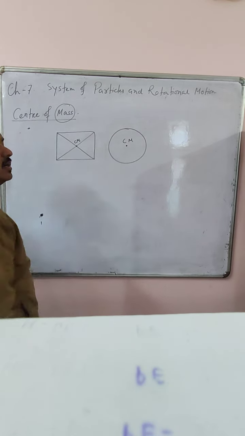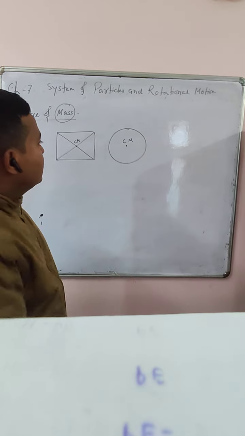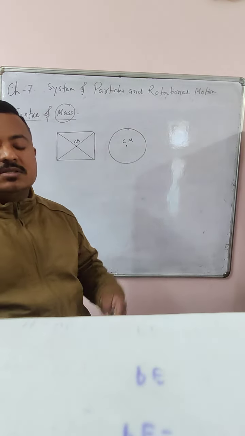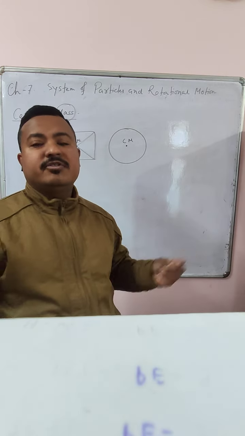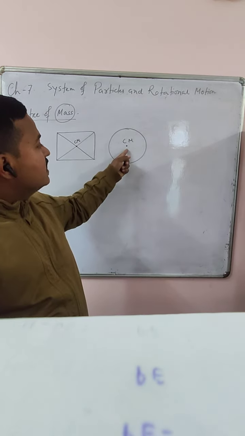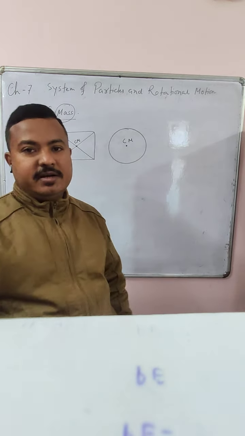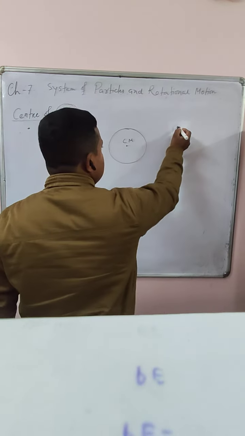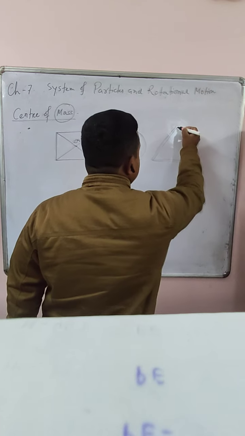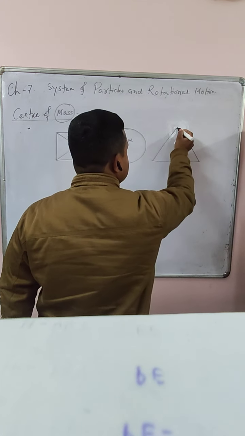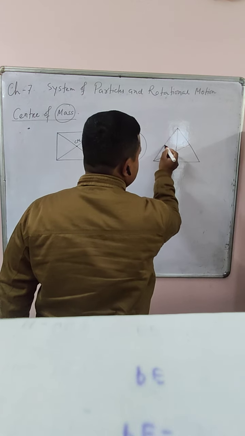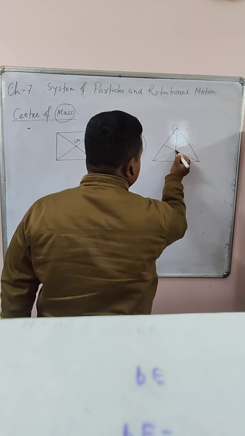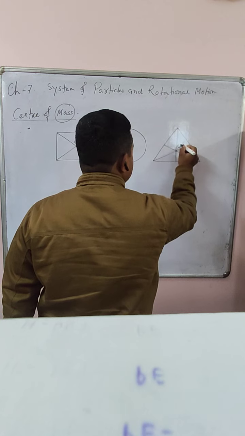So in the case of regular shaped bodies, like a square, a rectangle, a sphere, the geometrical center is the position of the center of mass. If we consider a triangle, the intersection of the medians, that is the centroid, is the center of mass.